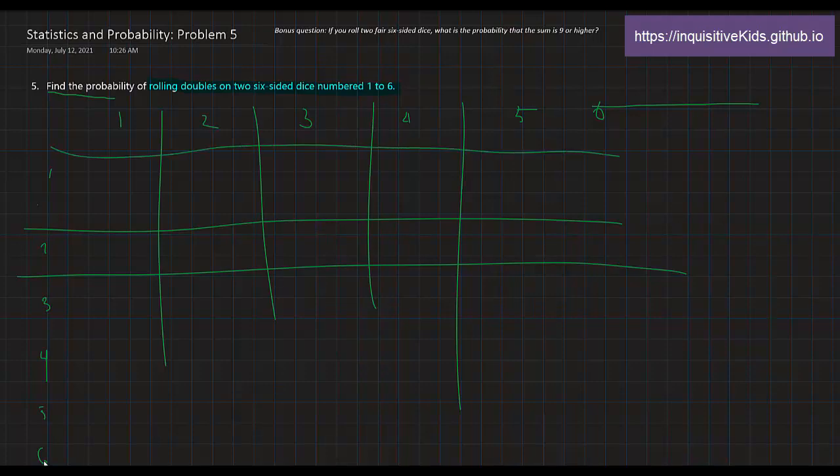For example, over here, this is dice 2 on the side, and this is dice 1. So it would be like that because it got a 2 on the first roll and a 1 on the second roll. Over here, it would be a 2 on the first roll, and since this is 2 right here, we would also get a 2 on the second roll.